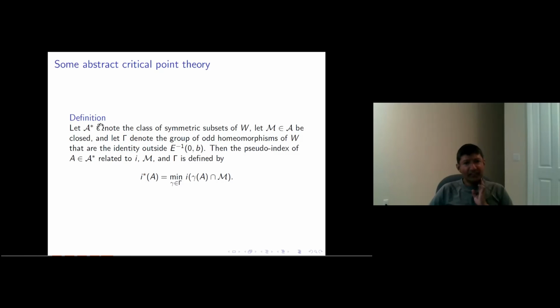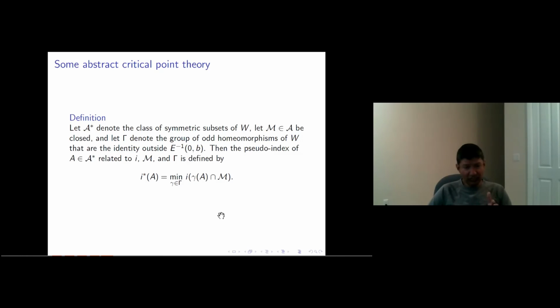This is basically something that's defined on the class of symmetric subsets of our Banach space W, and then you have this set M, which in our case is actually the unit sphere, and you look at this group of odd homeomorphisms of W that are the identity outside the set where E is between 0 and B. So if E is less than or equal to 0 or E is bigger than or equal to B, then on that set, these gamma are the identity, and the pseudo index is defined to be the index of gamma of A intersection M, where gamma ranges over our group of homeomorphisms, capital Gamma.